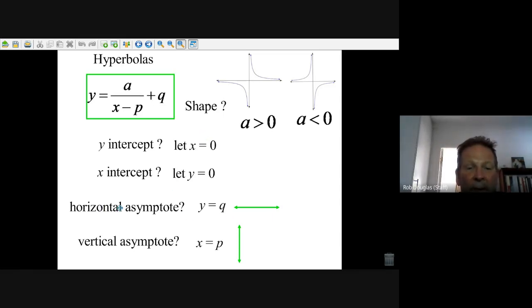I actually like to do this first. If y equals q, that gives you the horizontal asymptote for all these hyperbolas if it's in this form. And x equals the opposite of this number, x equals p, gives you the vertical asymptote. If you let x equals 0, like all functions, and just put 0 in there, you'll get the y-intercept. And if you let y equals 0, you'll get the x-intercept.